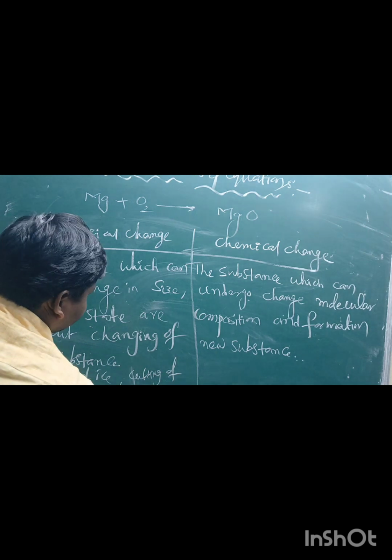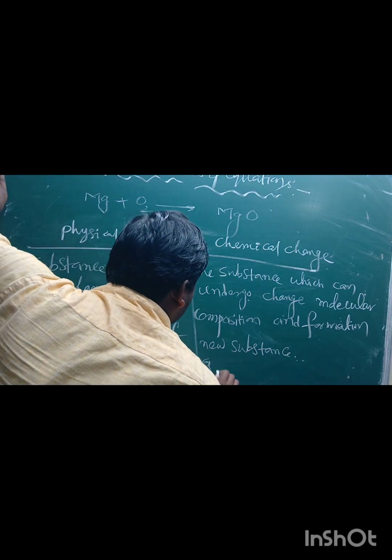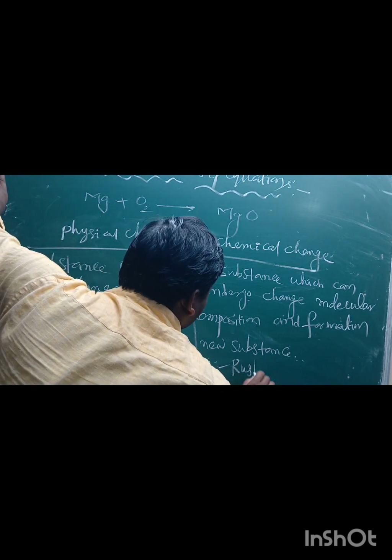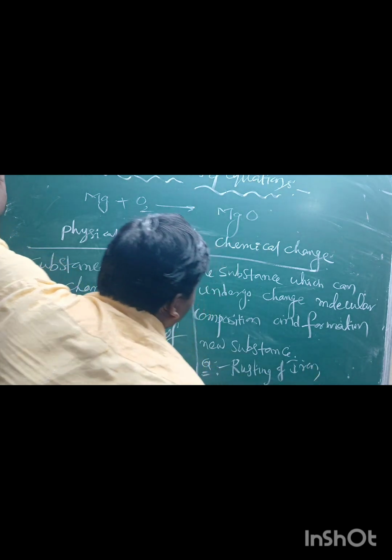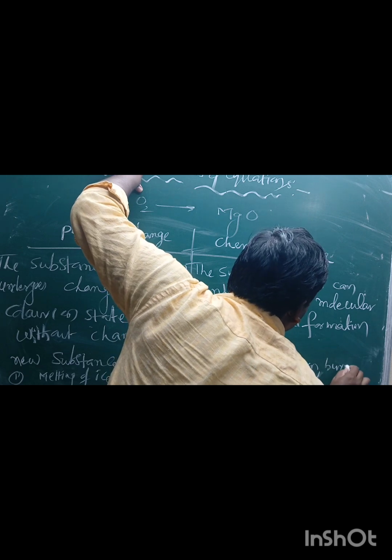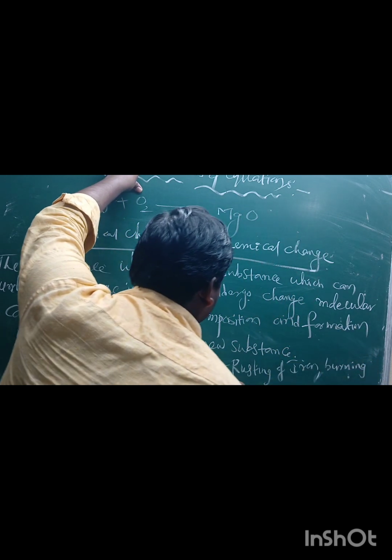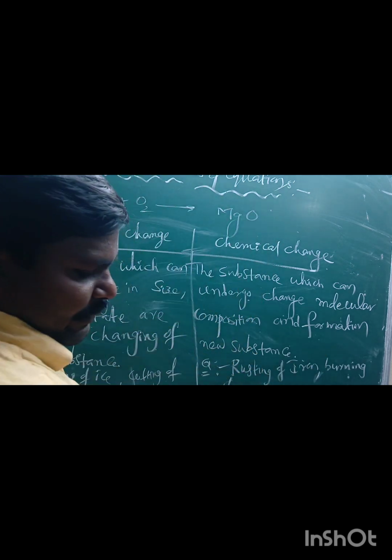Examples for chemical change: rusting of iron, burning of paper, digestion of food, preparation of curry, etc. I hope it is clear.